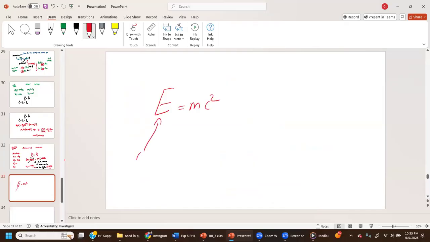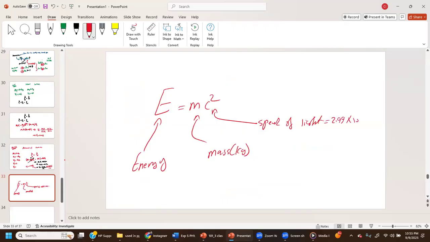E is your binding energy. Your m is your mass in kilograms, and your c is the speed of light, which is 2.99 times 10 to the 8 meters per second. And this is because the energy is going to be in joules.